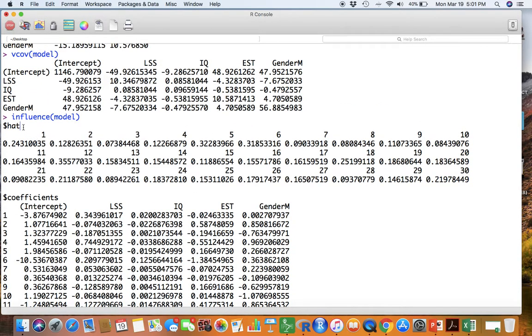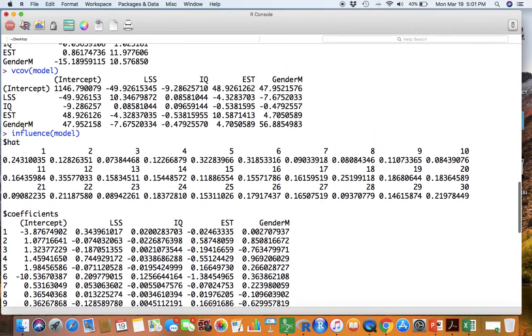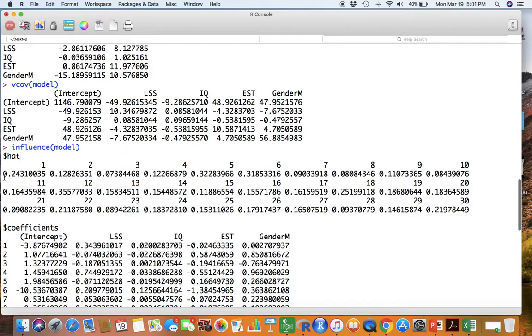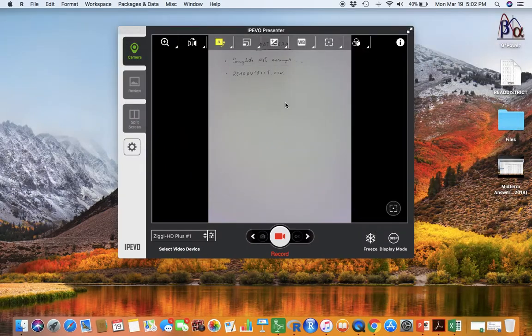The $hat values are actually in the hat matrix. This is actually a vector, and you can see that we have 30 of them, which corresponds to the number of cases. I don't think we've talked about the hat matrix, have we? I'm getting the cart in front of the horse here.